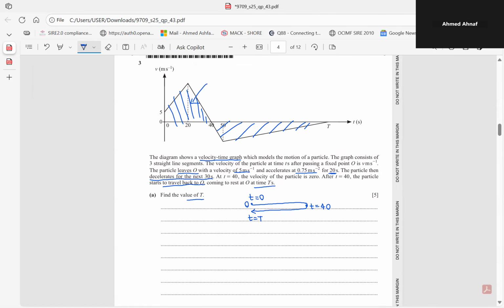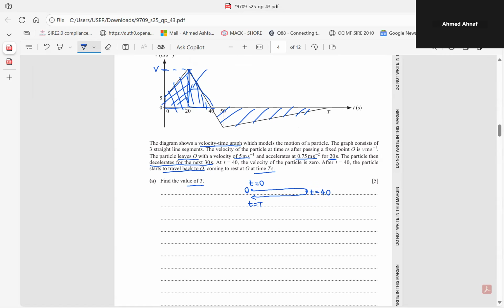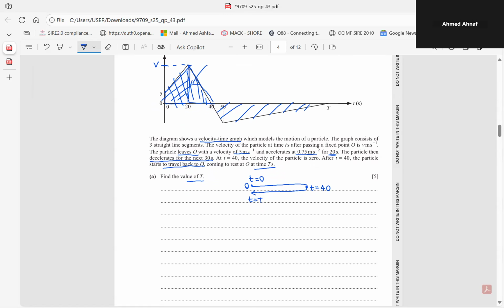To find this area, we can see it's actually made up of two shapes, a trapezium and a right angle triangle. So let's try to find all the lengths first. As you can see, we don't know what this length is, so I'm going to call it V. To find that, let's look at this piece of information: the particle leaves O with a velocity of 5 meters per second and accelerates at 0.75 meters per second squared for 20 seconds.